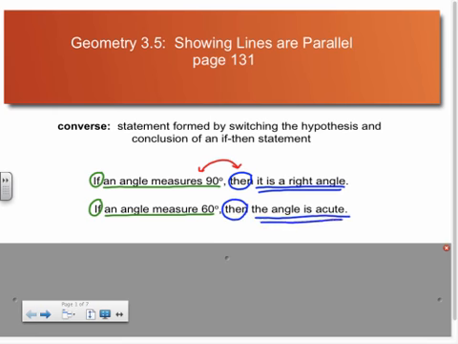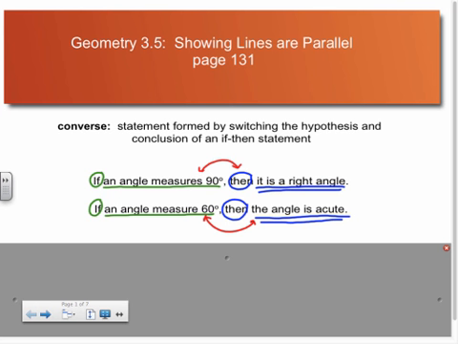Switching the hypothesis and the conclusion will give me my converse. If an angle is acute, then it measures 60 degrees. That isn't necessarily true. Not every acute angle measures exactly 60 degrees. We could have acute angles that measure 30 degrees, 45 degrees, 80 degrees, anything between 0 and 90, right? So in this case, our converse is false.